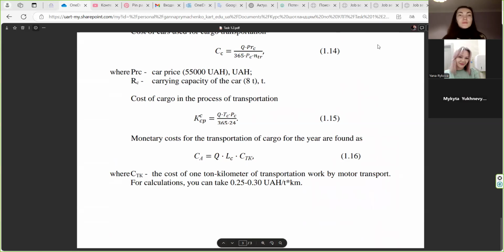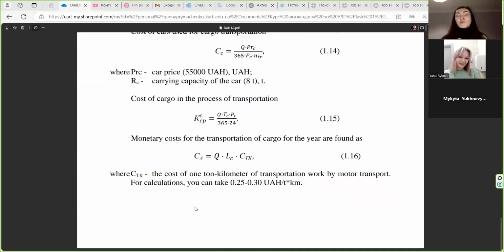Please calculate it. Okay, calculated it. The result is in hryvnias.